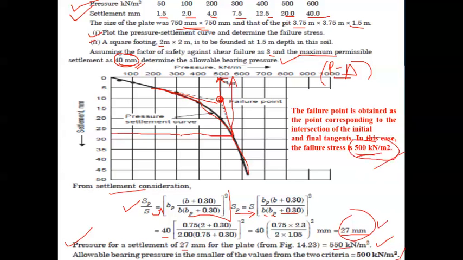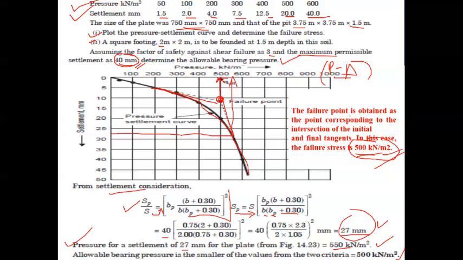So this is how we can calculate the allowable bearing pressure based on the criteria. The settlement criteria is what we used here. Based on 27 we obtained 550 kilonewton per meter square, whereas the shear failure criteria gave 500 kilonewton per meter square.